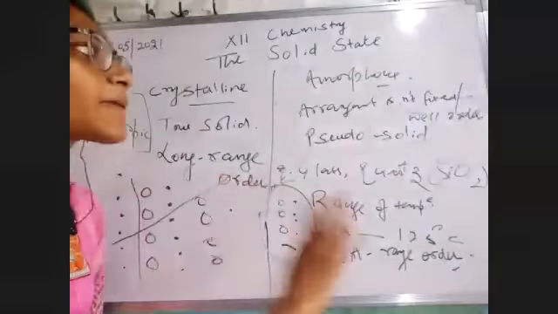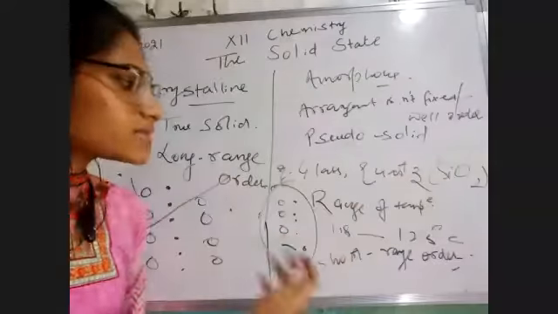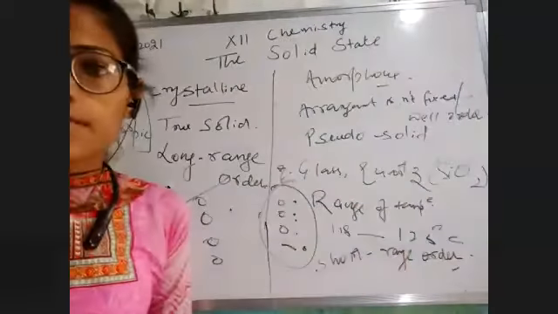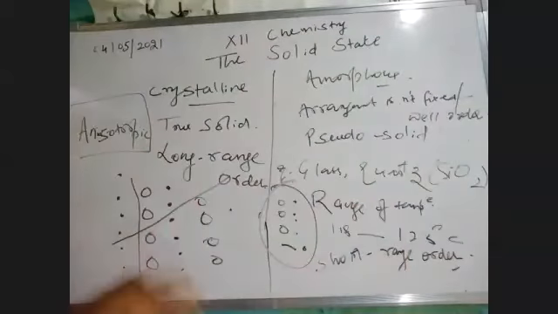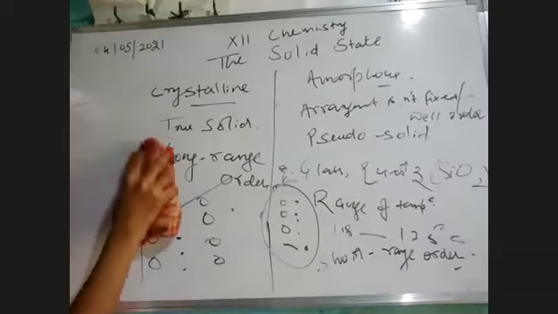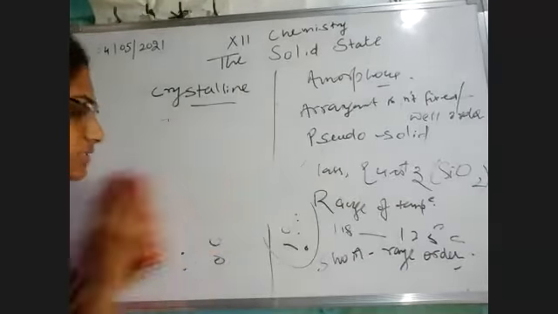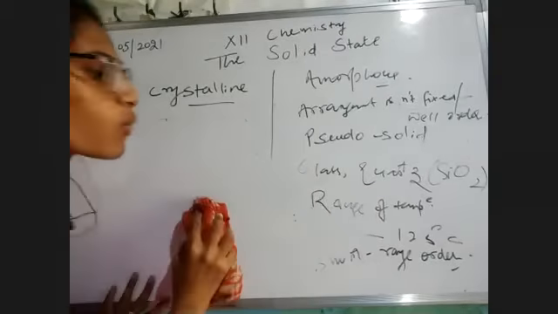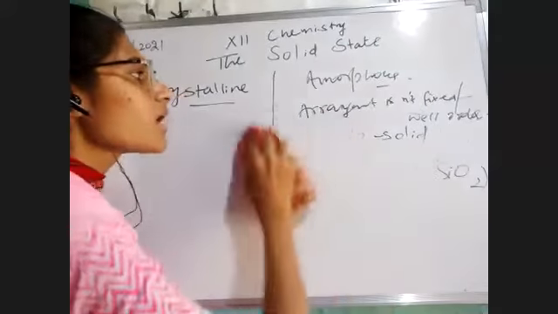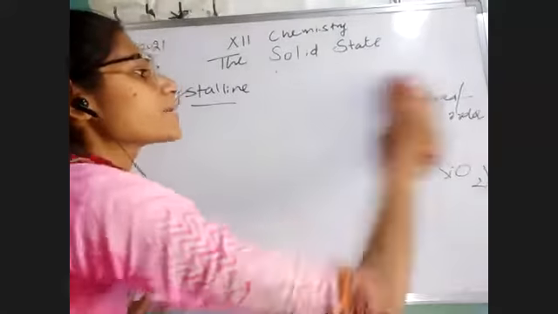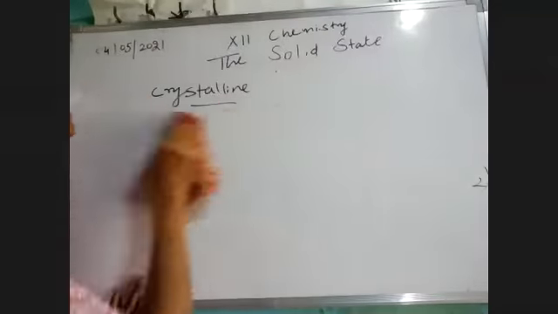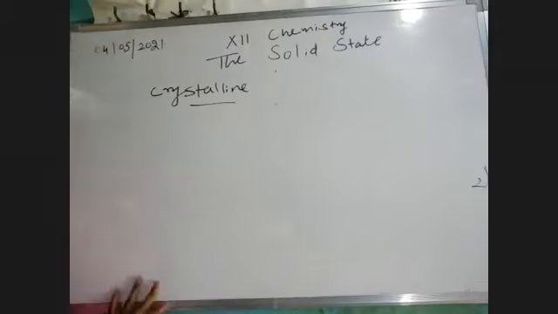So we have skipped that, like glass, quartz, plastic, and so on. Now we want to know the different types of crystalline solids, and why crystalline solids are of different types. Very important and very basic topic.